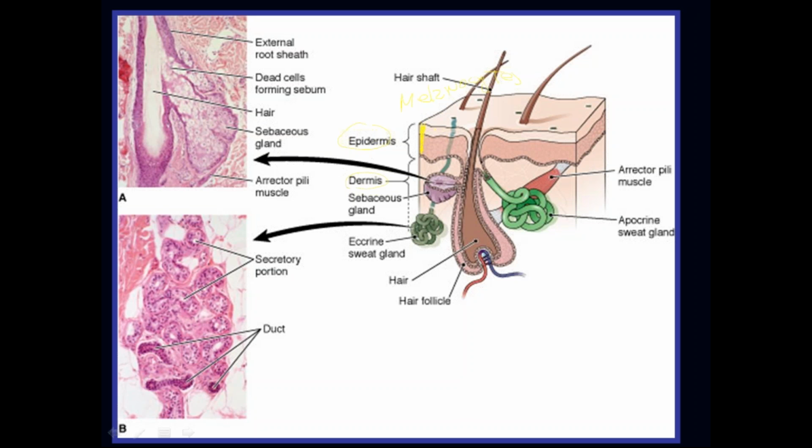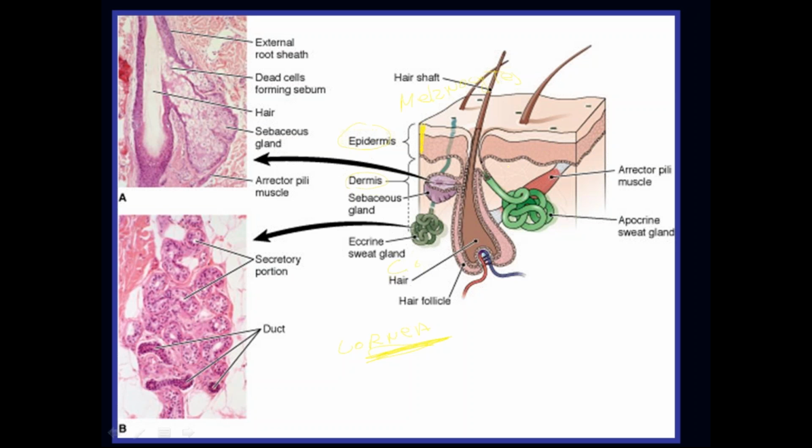And in the outer layers is the dead tissue, or dead cells, sorry. It's called the stratum corneum. That is the outer layer of the skin.